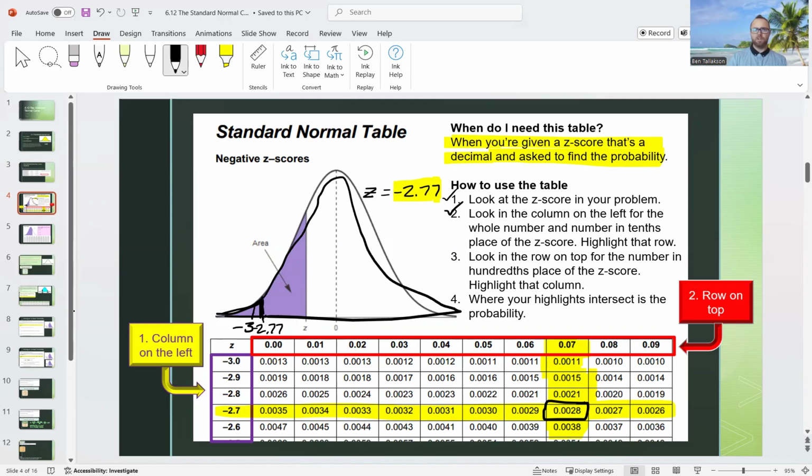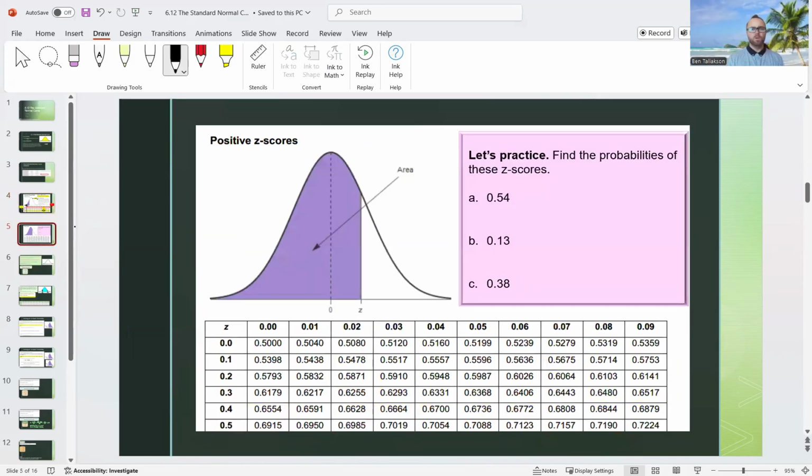That is a very, very small amount, right? Makes sense. All right. Go ahead and practice using your table to find the probabilities of these z-scores. Z-scores given have decimals in them, so we need to use our table.